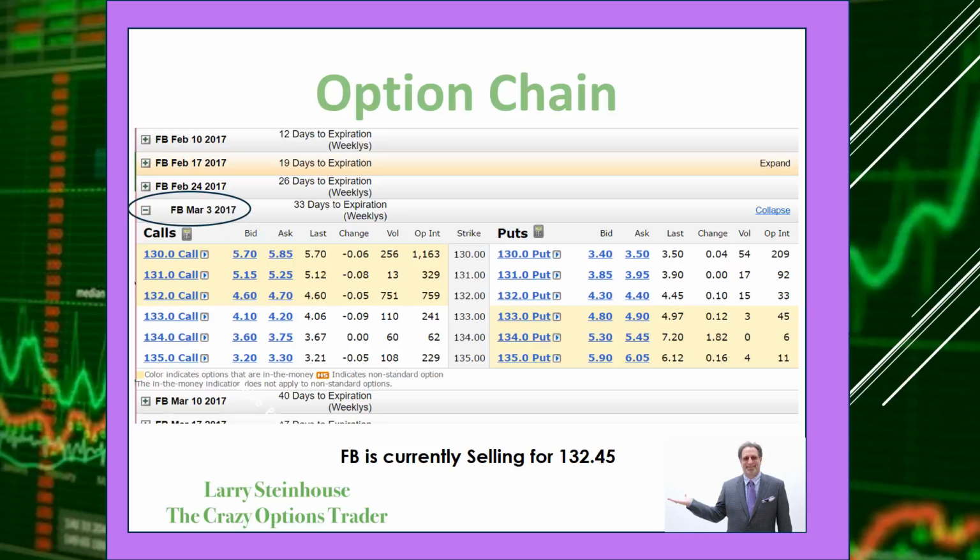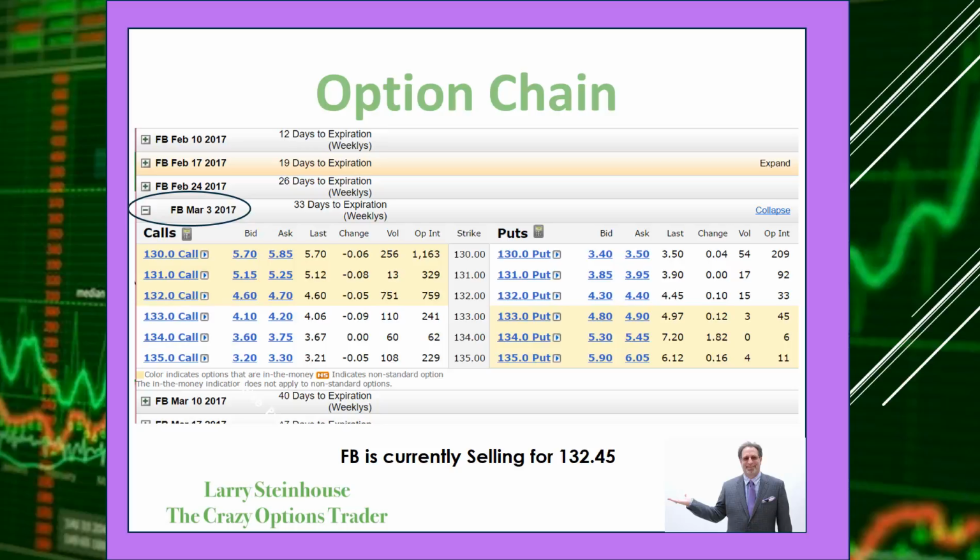And again, this is Facebook March 3rd, 2017. And according to this, the day that I ran this, there are 33 days to expiration. Now you'll see at the bottom, I wrote that Facebook was currently selling for about $132.45 in this example.